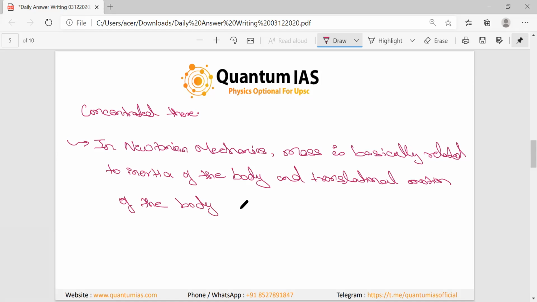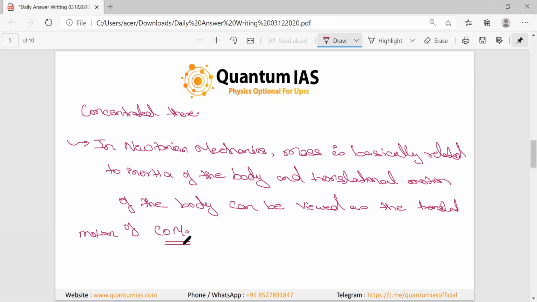Body can be rigid, non-rigid, continuous, or discrete. Any type of body's translational motion can be viewed as the translational motion of the center of mass.